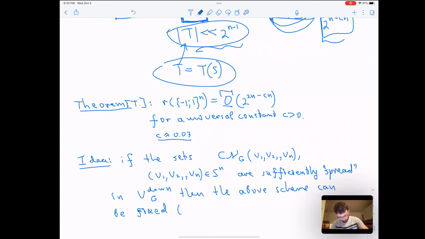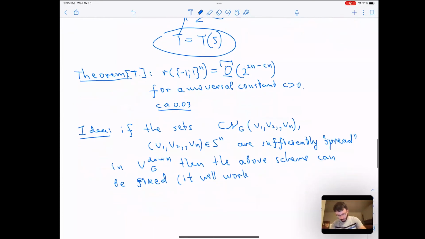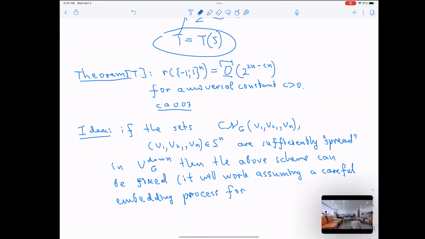So it will work, assuming a careful embedding process for the lower half of the vertices of the hypercube.